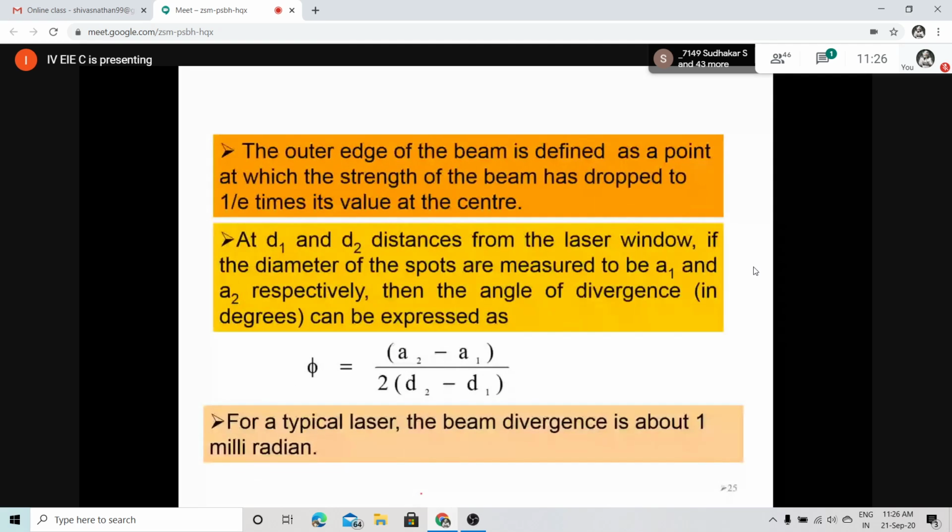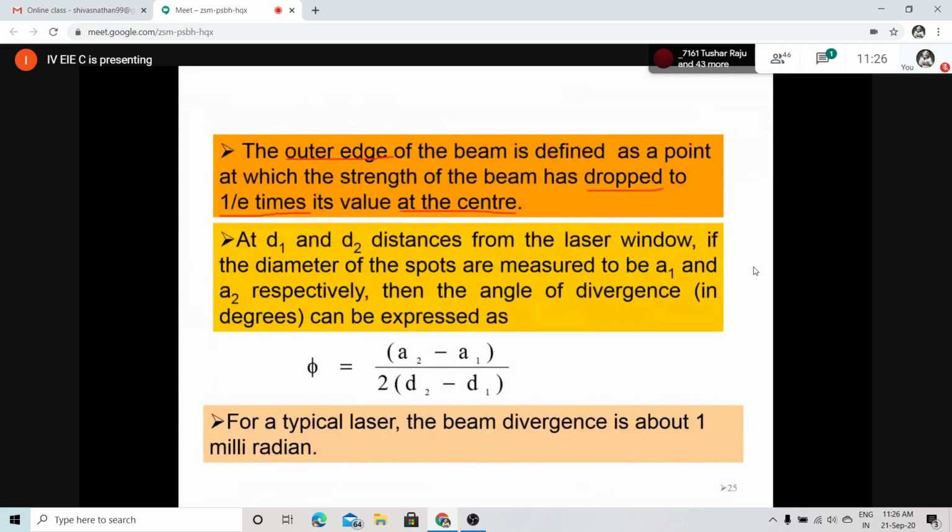Now, the outer edge of the beam is defined as the point at which the strength of the beam drops to 1 by e times its value at the center. So when I have a certain value at the center, that is, we are talking about the strength of the beam, the intensity of the beam at the center, and we compare that, the outer edge will have 1 by e times, an exponential drop, with respect to the strength at the center.